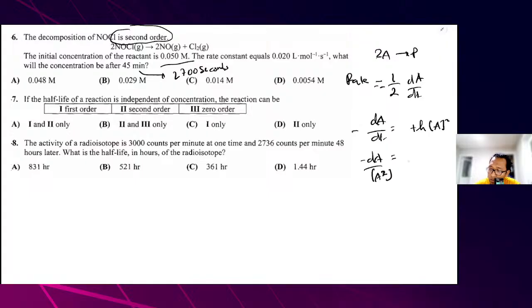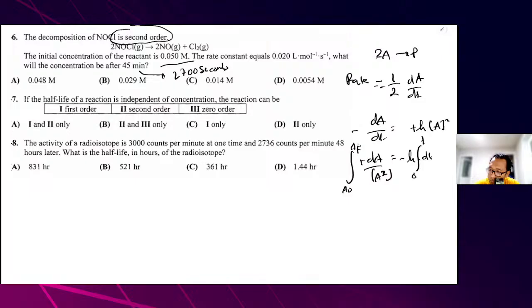A squared and then kt minus kt. We can put in over here like this, and then this is a0 and then a final, or a at that time, and then this one is 0 till t.